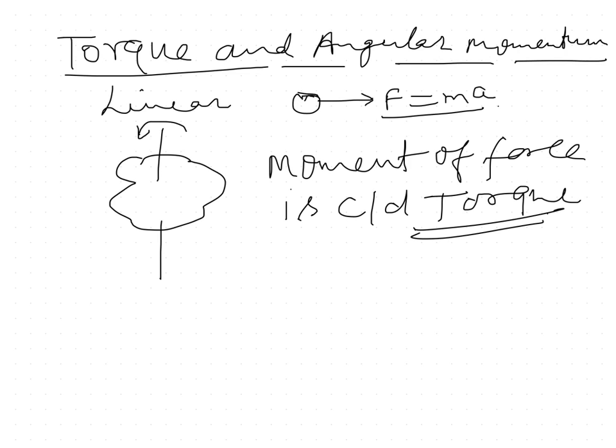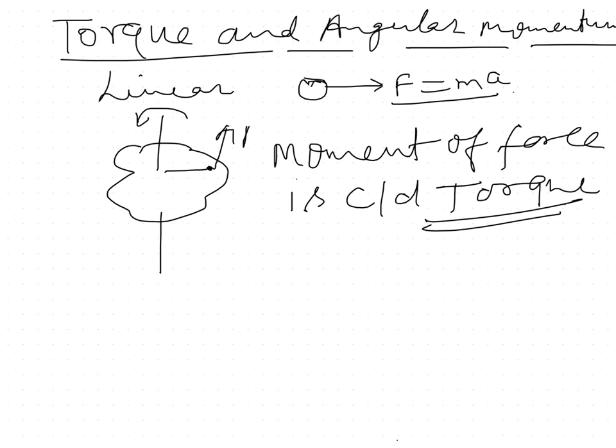We require some more things to define torque: the distance from the axis of rotation where we are applying force, and the angle at which we are applying force to move this object around this axis. Three things are required.